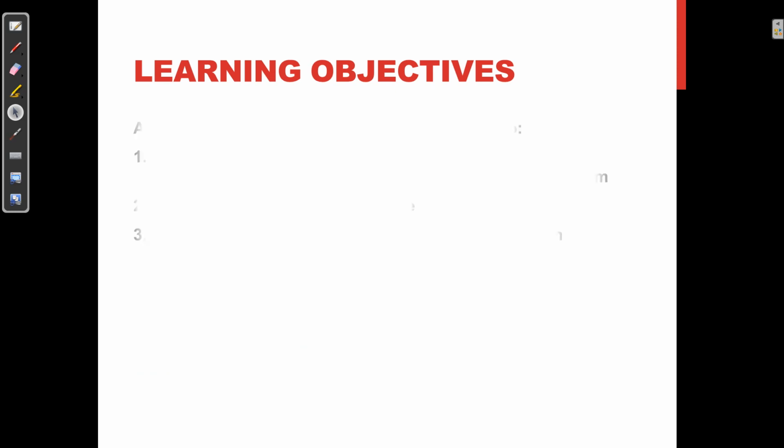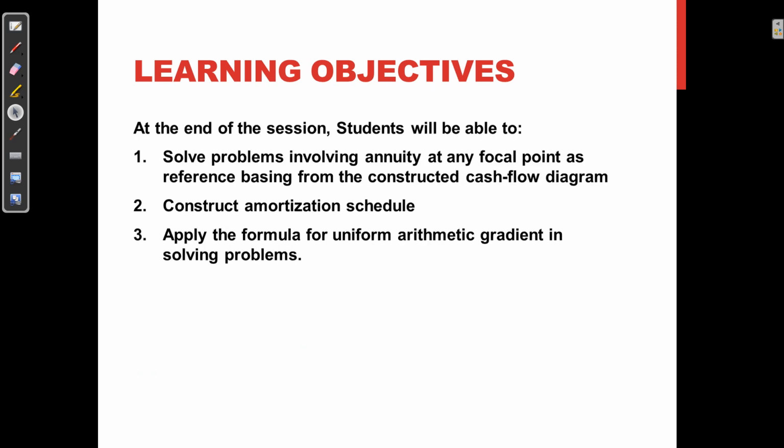So for today we have to discuss perpetuity, then amortization schedule, and the uniform arithmetic gradient. Learning objectives: at the end of the session, you will be able to, number one, learn how to solve problems involving annuity at any focal point as reference, basing from the constructed cash flow diagram.